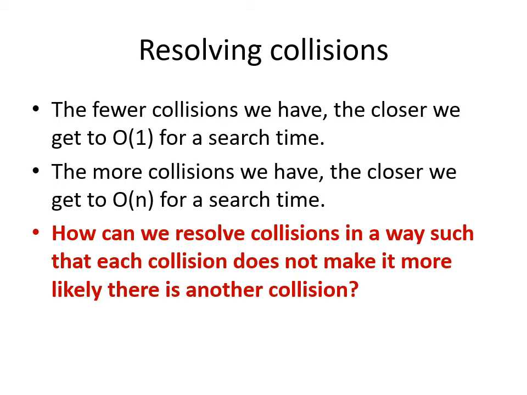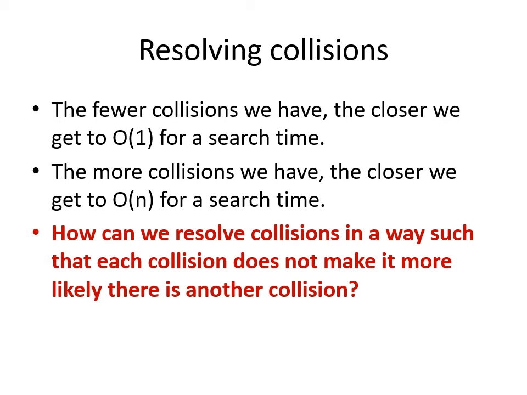So I've already addressed, I'd say, the most simple code means of resolving collisions with linear probing, but we do want to explore other ways of resolving them, ways that address the fault of linear probing: the more collisions you have, the more likely it is you'll have more collisions.